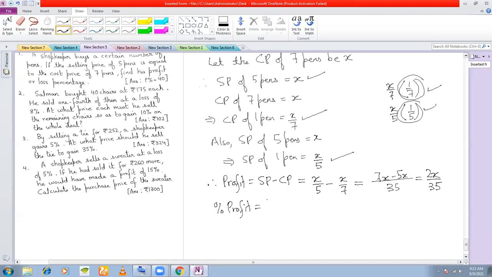What is the formula for profit percentage? Profit by CP into 100. Profit here is 2X by 35. Cost price, how much is the cost price of 1 pen? X by 7 into 100. And then you can simplify this to get 40%.